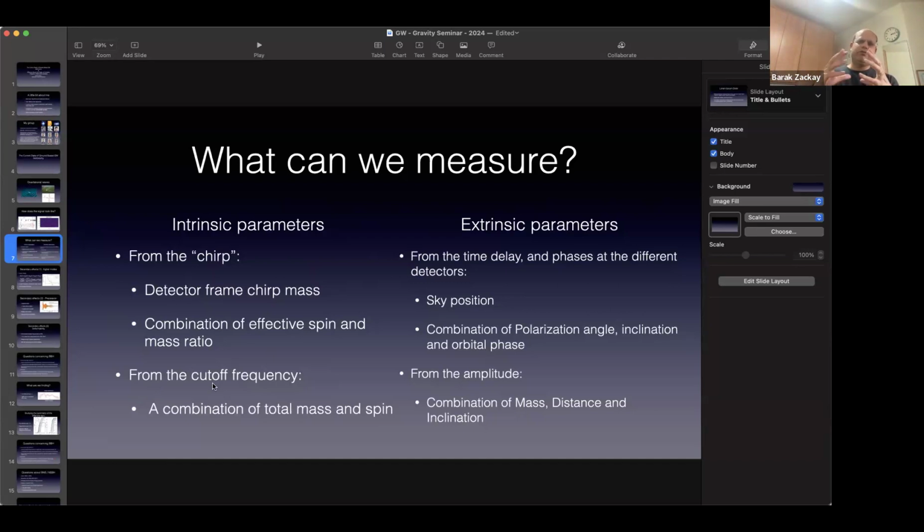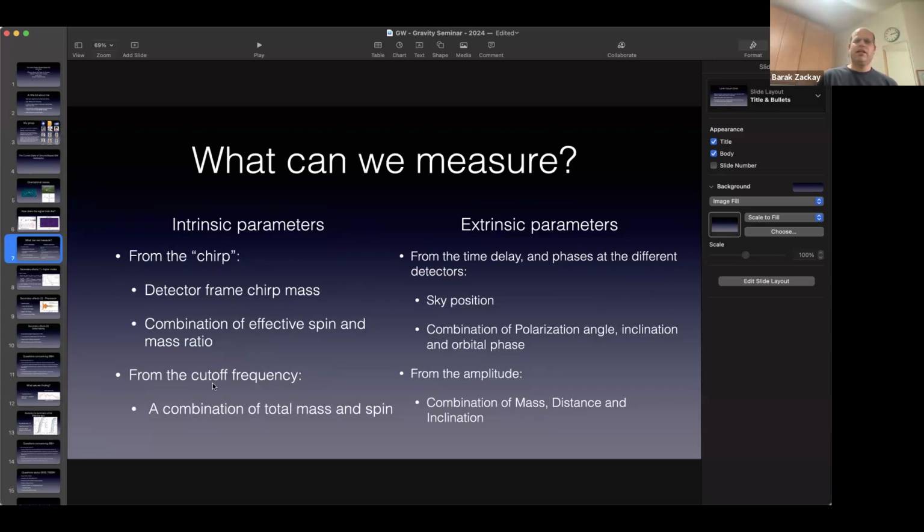And the frequency at which it rings will tell you what is the total mass, the mass that is inside there. And maybe something about the spin, because again, the quality factor of this black hole is determined by the spin. So this bell is a bad bell. It will ring only a few times until it will die. And the Q factor is determined by the total spin and not the effective spin.